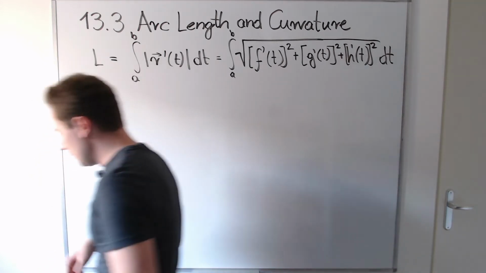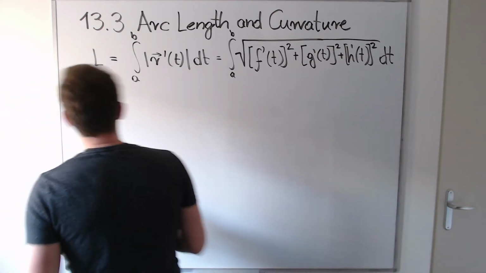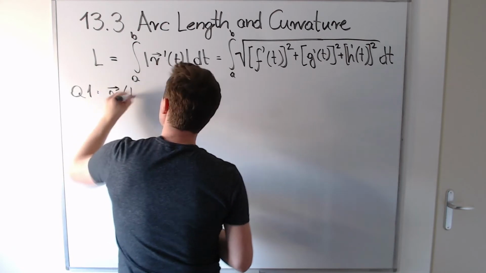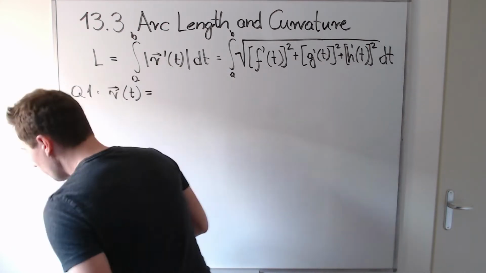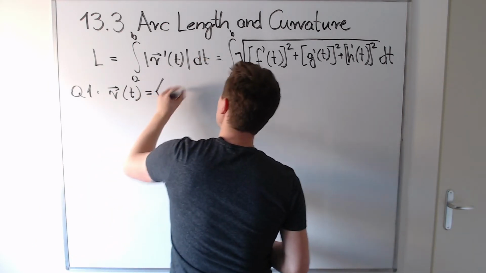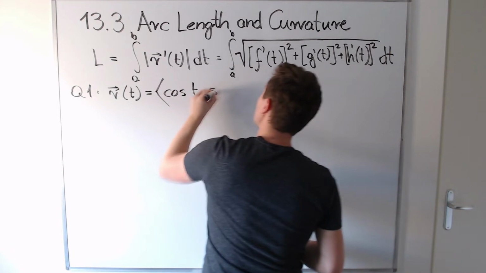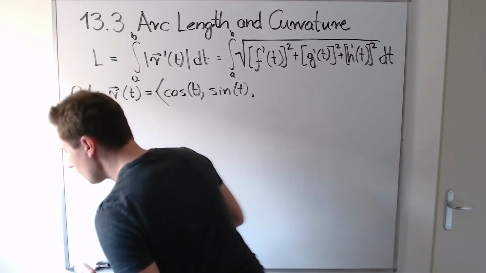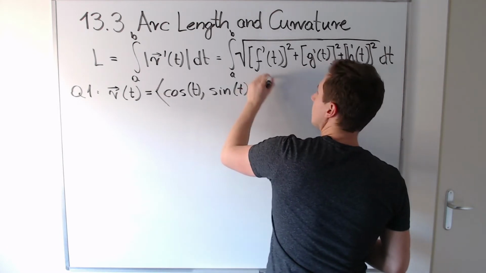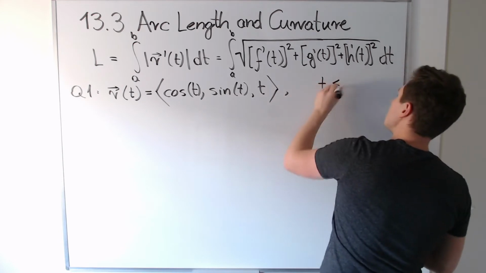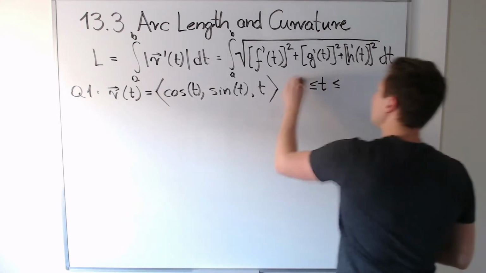Let's compute the length of the space curve given by the vector function r(t) equals (cosine of t, sine of t, t), and we'll consider t changing between 0 and 2 pi.